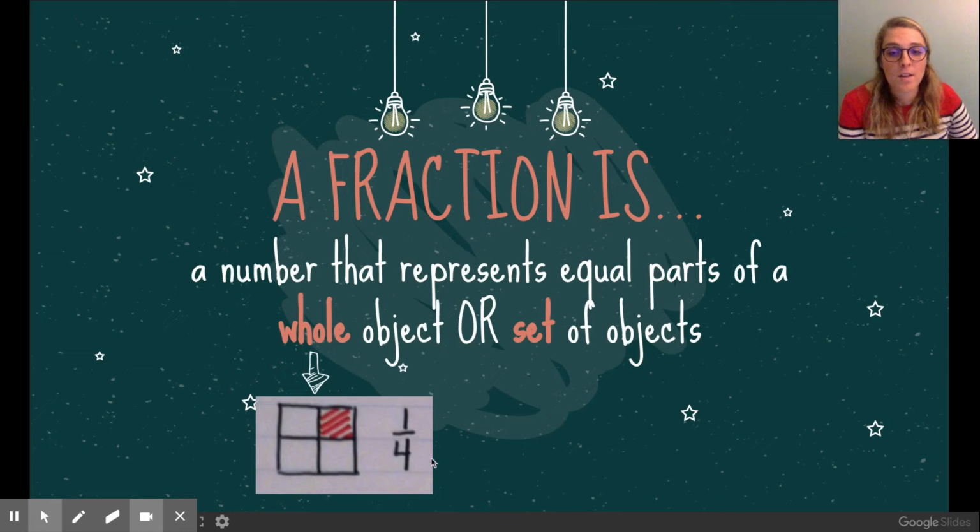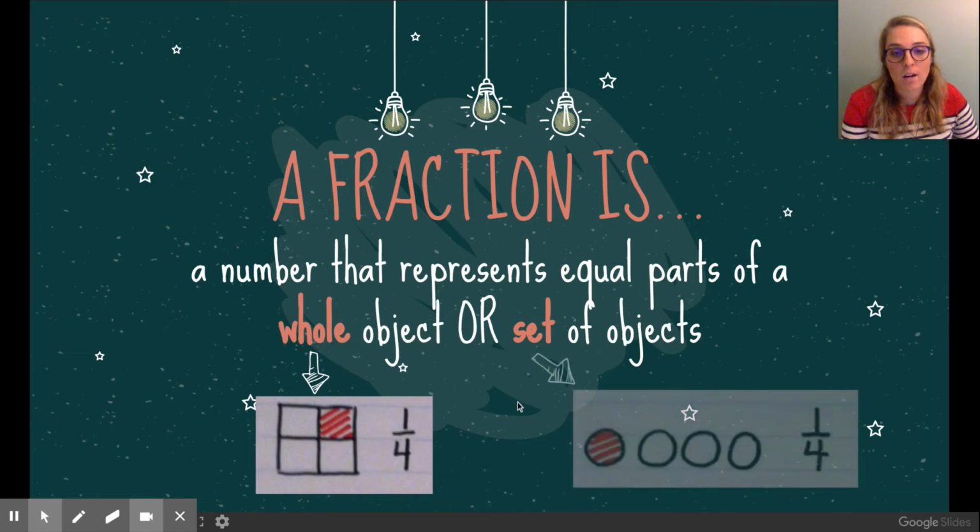What I mean by that is, in this case, the fraction here, which we will go over how to read, which most of you will recognize as 1/4, refers to the amount that is shaded of the whole square. The square was split into 4 equal parts. One part of that is shaded. So we know that this little shaded red area is 1/4 of my whole square.